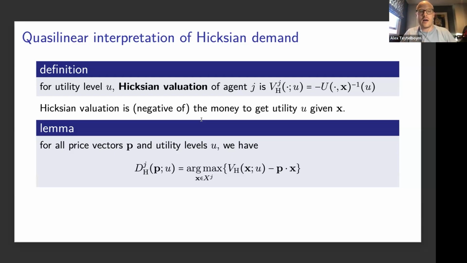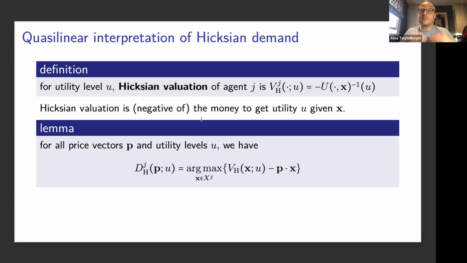So now I'm going to redefine Hicksian demand, the expenditure minimization problem, in the following way. I'm going to say that for a utility level and a price vector, the Hicksian demand is the argmax of this quasi-linear objective, where the non-linear term is actually the Hicksian valuation. Okay?